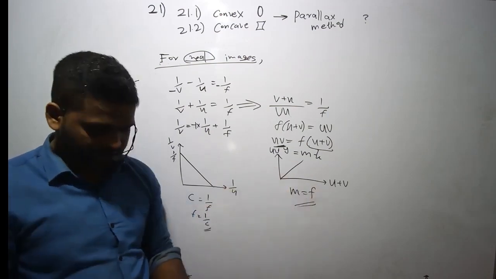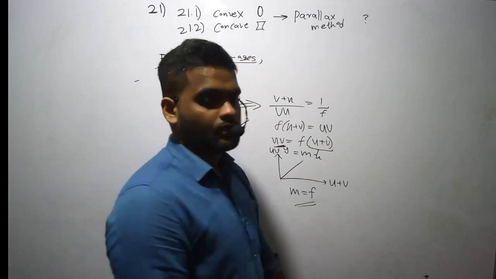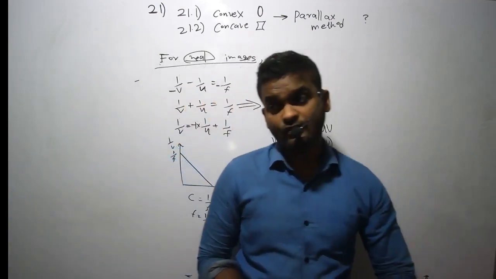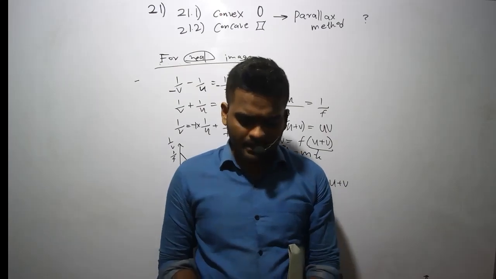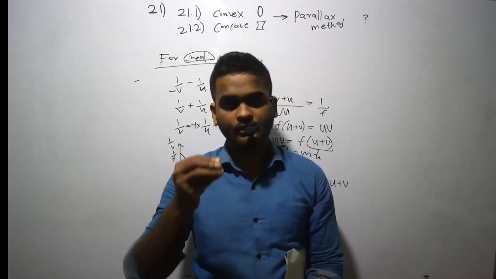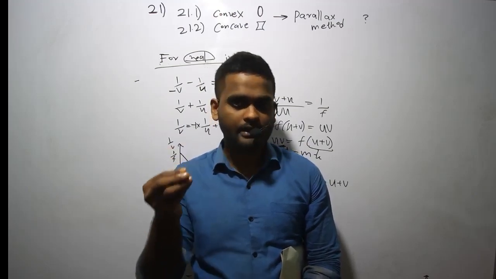That is how you find the focal length of a convex lens. All these are done for a convex lens, and you can find the focal length very accurately because we used a graphical method.